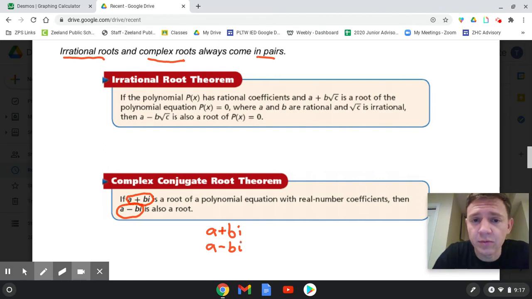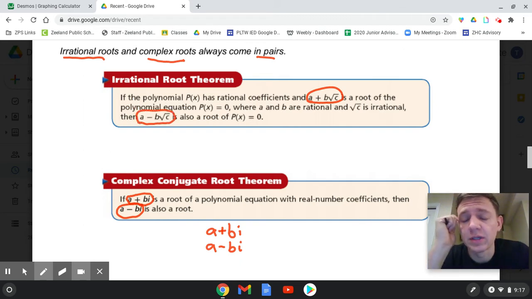And the same thing with the irrational root theorem. It's the same idea, only we're talking about irrational real numbers. Anytime you have a plus the square root of something as a root of your whole polynomial, then the a minus b square root will also be a zero of your polynomial.